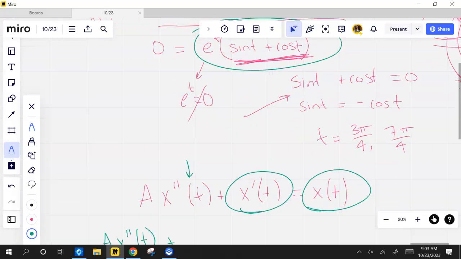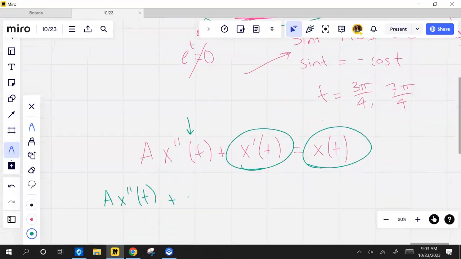That e to the t sine t plus e to the t cosine t equals, and then my original equation was e to the t sine t. Everybody okay there? All I did was plug in the work that I've already done, right?